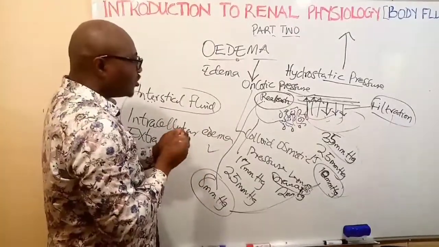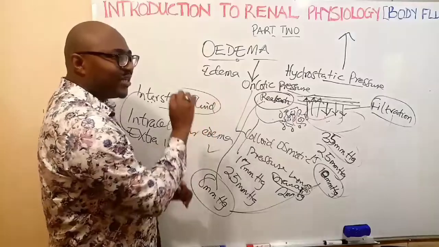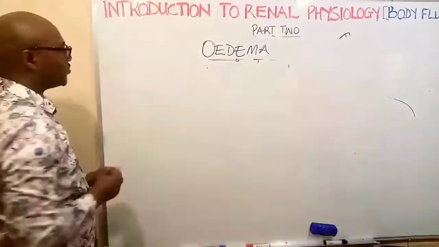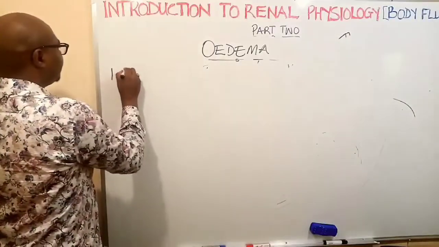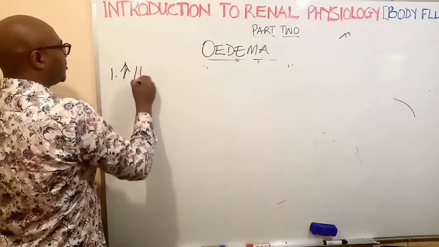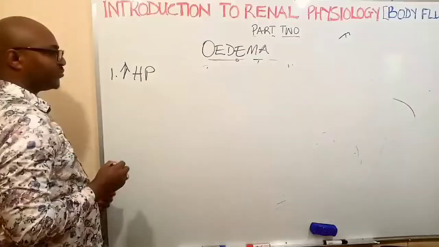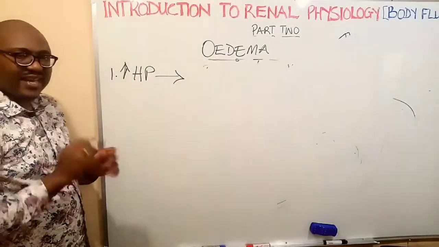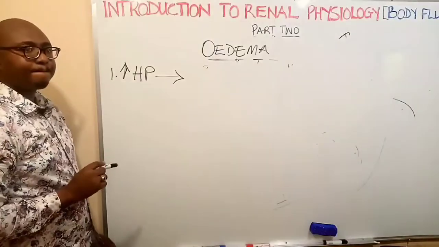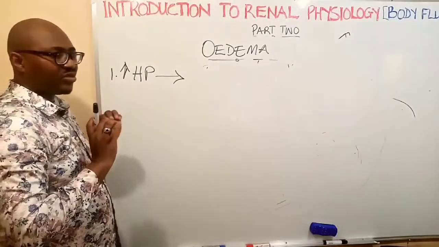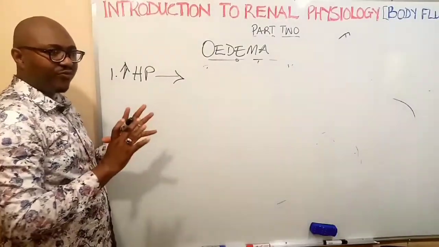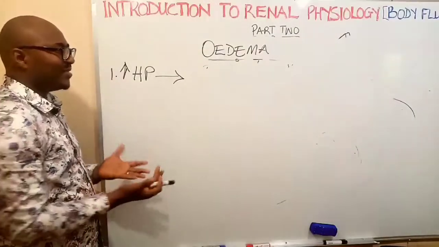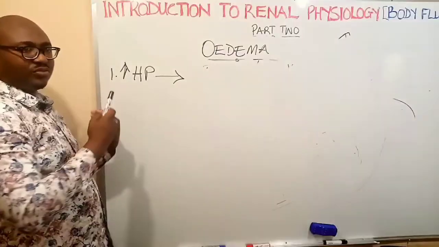So we're going to use this understanding to now list the causes of edema. One, increased hydrostatic pressure. A very prominent thing that can cause it is heart failure. When the heart is not pumping enough blood, distributing it to the system, there is accumulation.